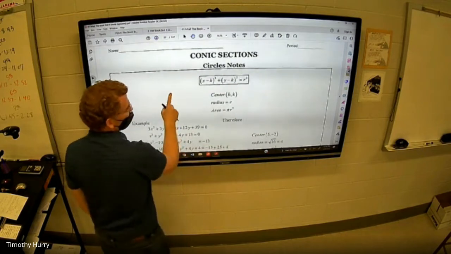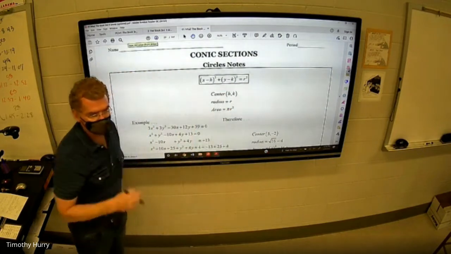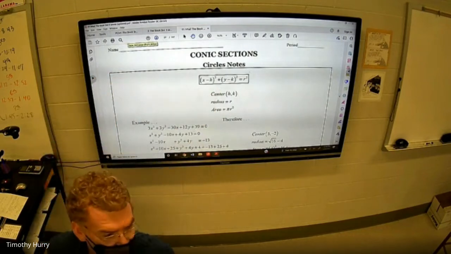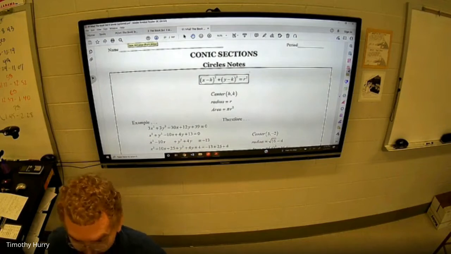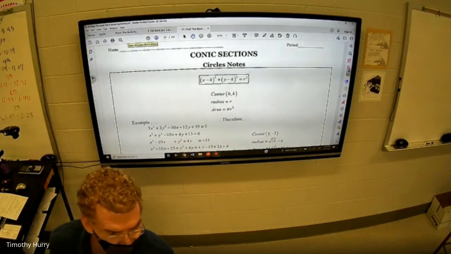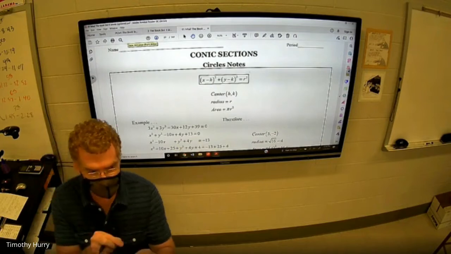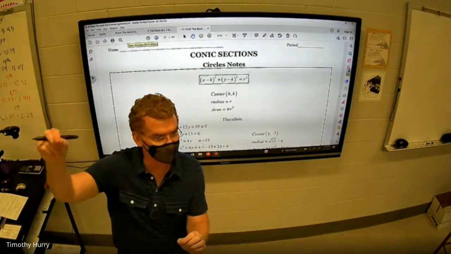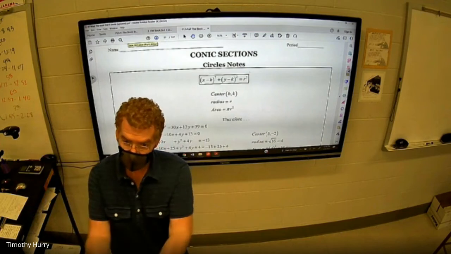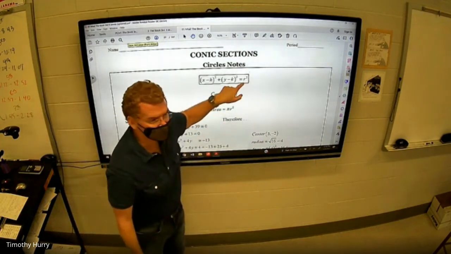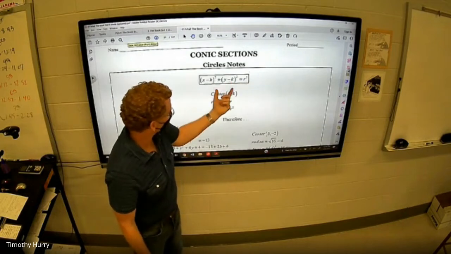right here, circles. There's your formula. So if you know your center, and notice I'm using h, k for the center, just like I used h, k for the vertex. If you know your center, that's the point you know, and you know the distance from the center to the circle, which is the radius, you'll notice, look, there's the radius squared. There's your center right there, h, k.